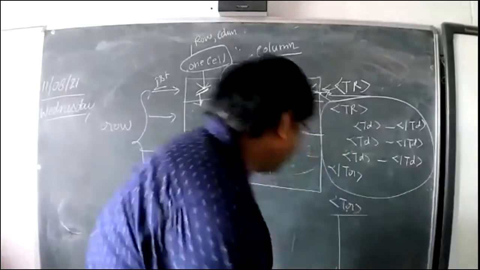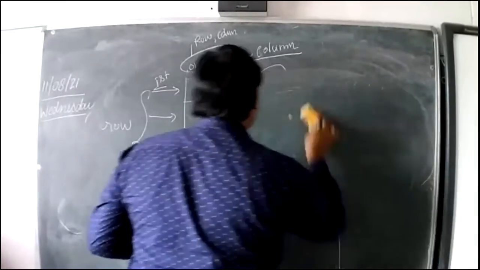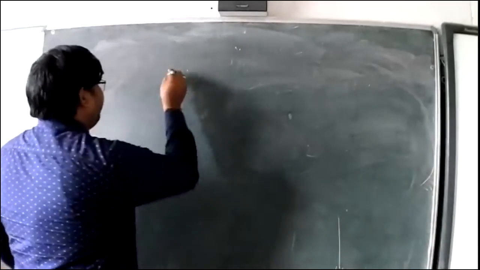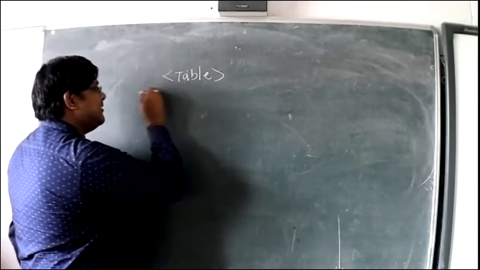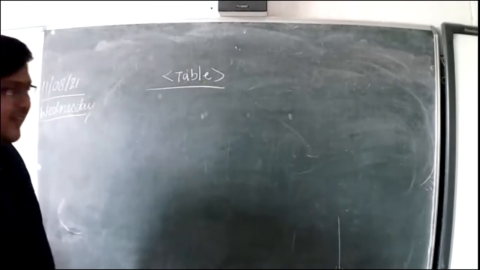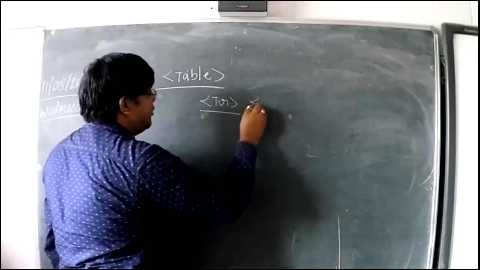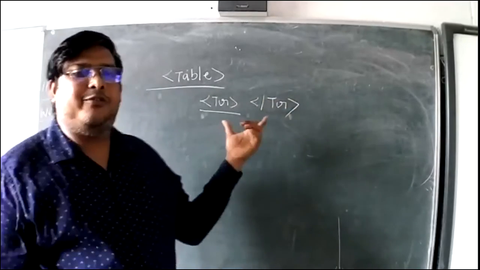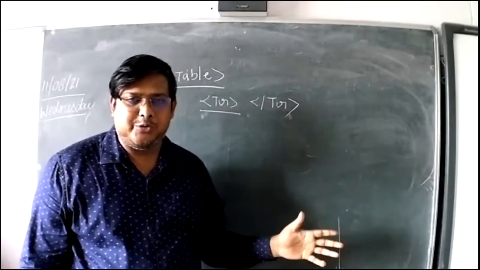Now, all table programming starts with the help of the table tag. Which tag do I use first? The table tag. And then inside the table tag, for each row, I have to use TR open and TR close. If we have 4 rows, then 4 times TR will open and 4 times TR will close.